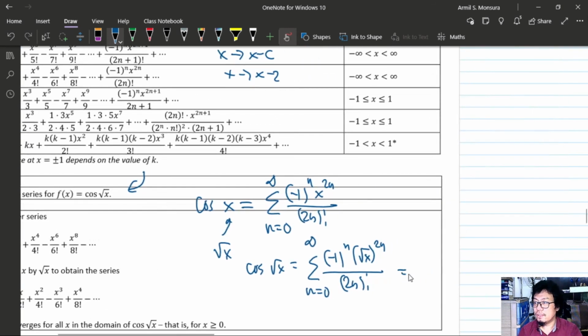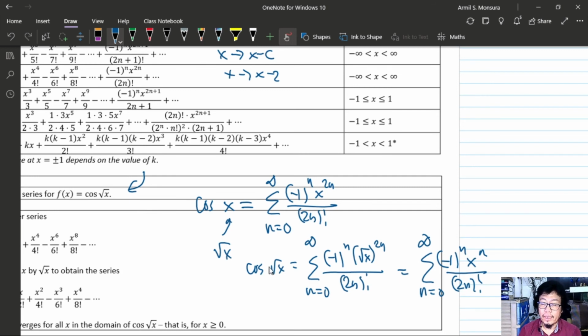When you simplify this, it becomes the sum of -1 raised to n, x raised to n, divided by 2n factorial, for n equals 0 up to infinity. So this is now your Maclaurin series for cosine of square root of x.